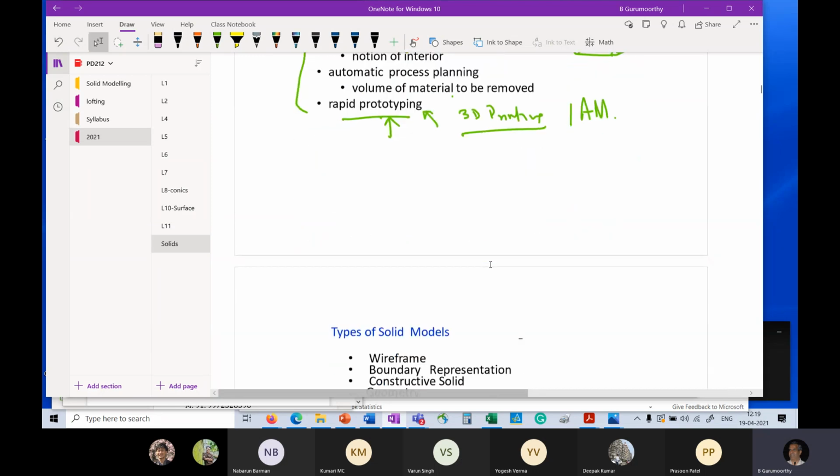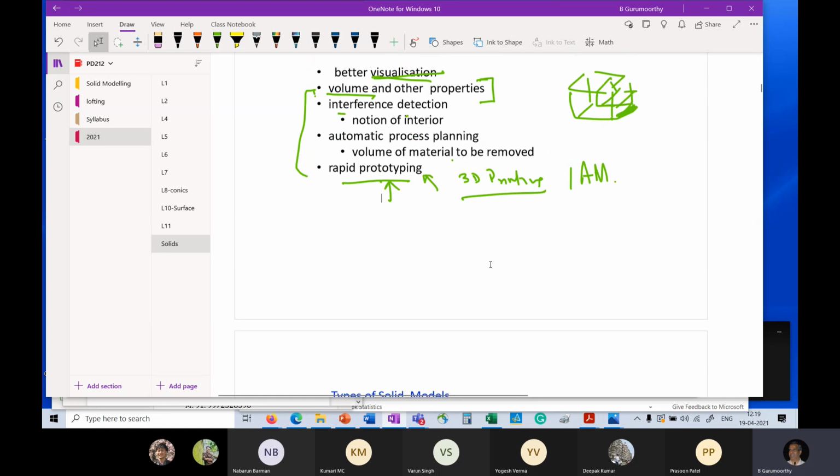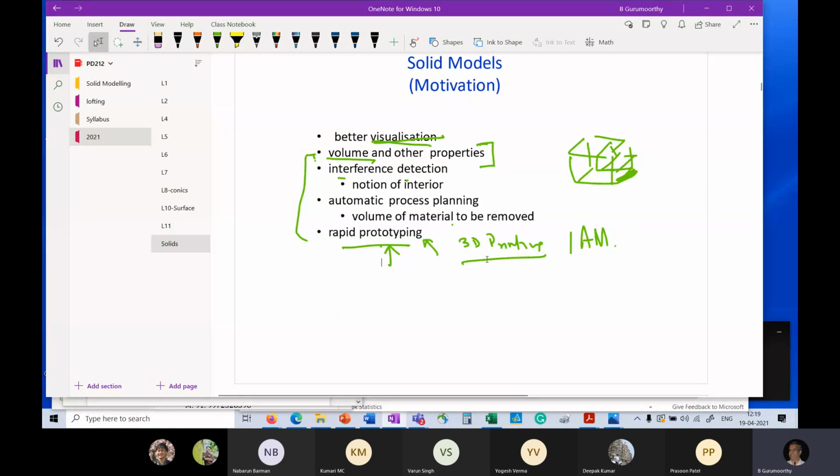Okay, before we go into the types of solid models, I want to show the continuity between what we have done in the past and what we're going to do now, and the reason for any discontinuities. We started with a curve, and we said that the curve can be seen as a mapping from the parametric space, which is a line segment, to real space. That representation takes a parameter and gives me a point in real space.